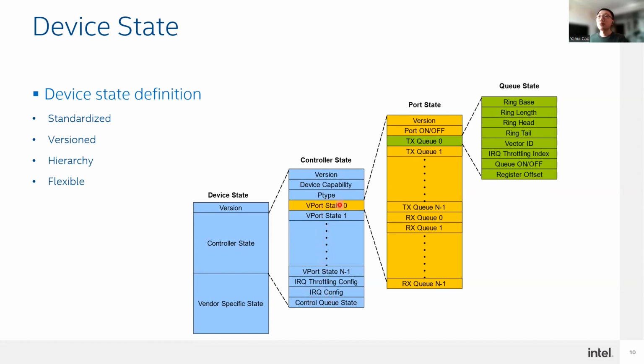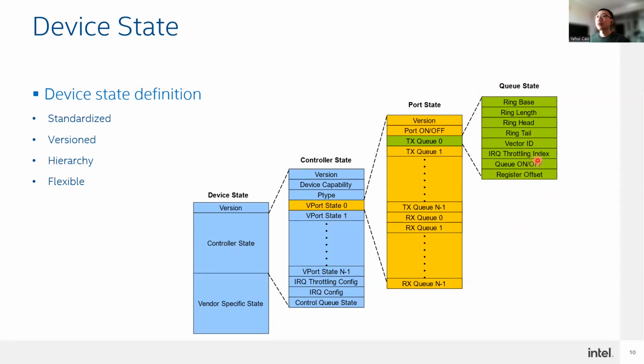And when we talk about the vPort state, each vPort may contain port on or off, how many TSQ, RSQ it supports, and what its detailed queue state is. And if we go to our specific TSQ state, it may include ring base, ring length, ring head, tail, interrupt, and register.